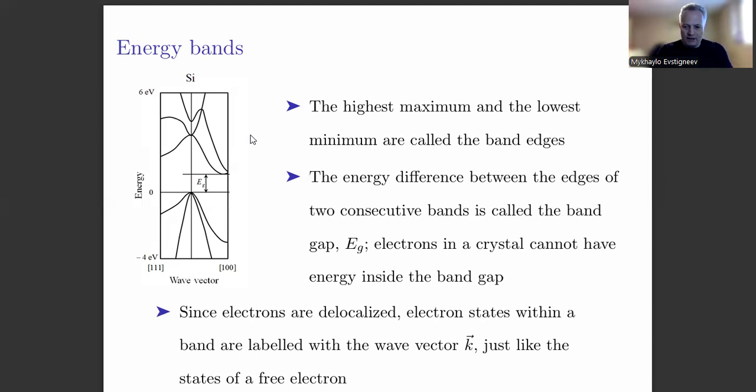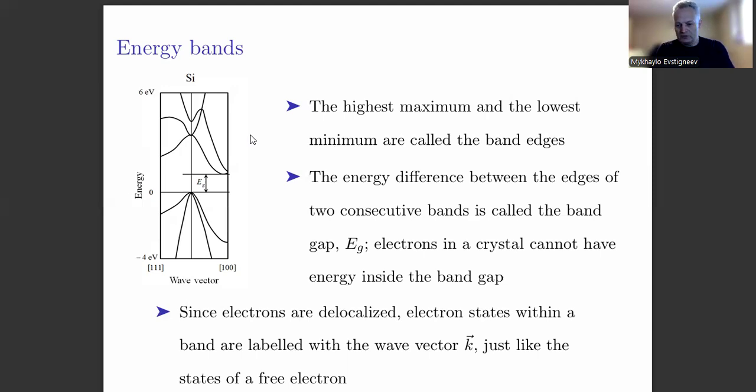And since they become delocalized, this is something like having a plane wave. We know that a plane wave is a delocalized object. So electrons in bands, their wave functions have the structure of a plane wave. It is a little bit more complicated. I will talk about the structure of this wave function in the next slide, but it is similar to a plane wave, and it can be characterized by the wave vector.